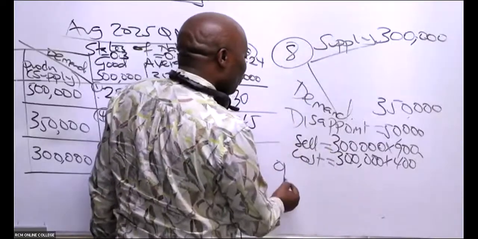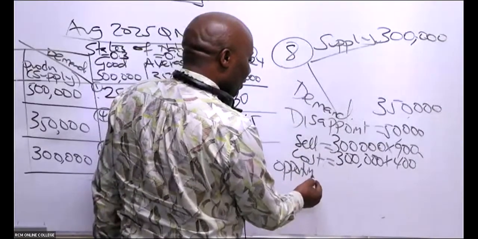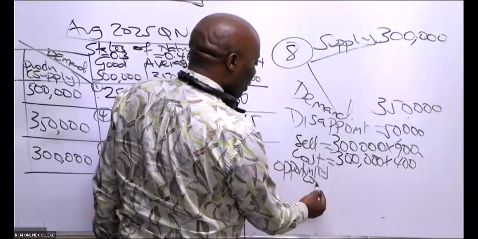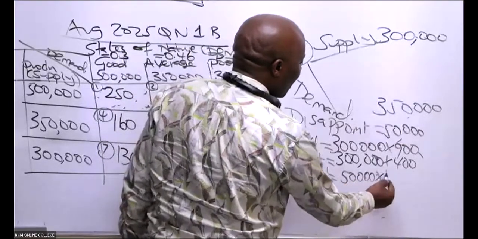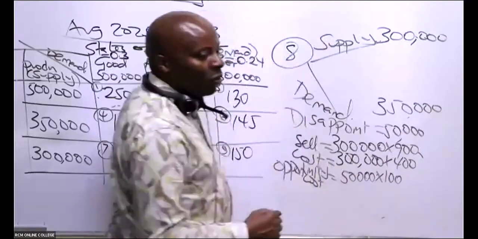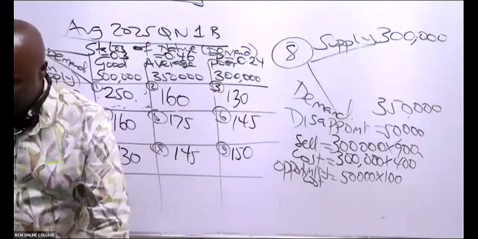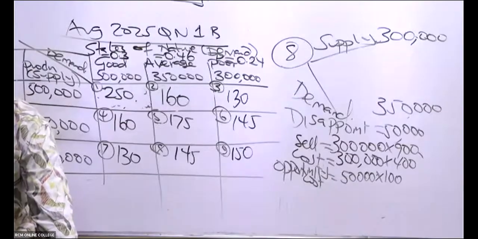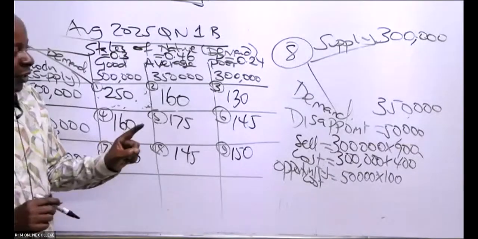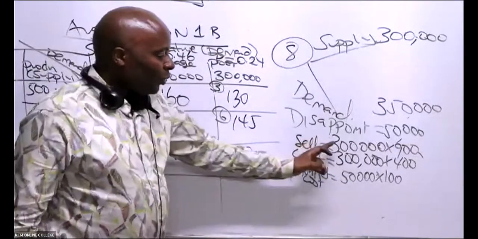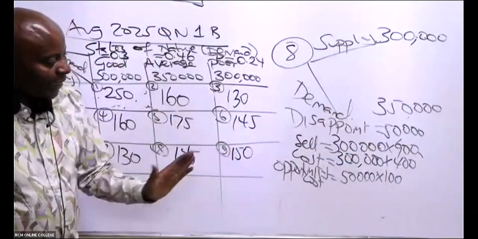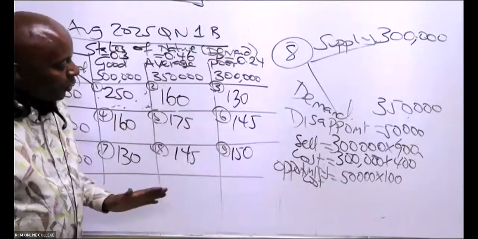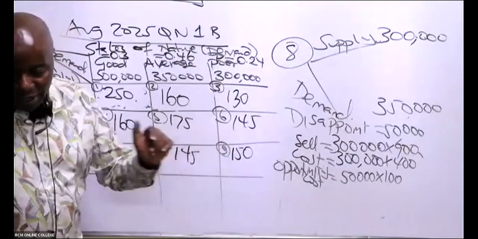And then we have the opportunity cost of disappointing customers. We're disappointing 50,000 customers, and for every customer you disappoint, it's 100 bob. So the profit will be 300,000 times 900 minus 300,000 times 400, minus 50,000 times 100.